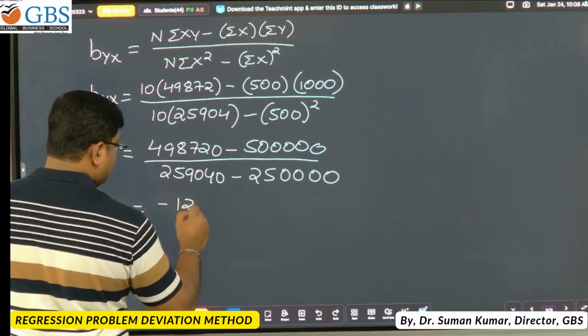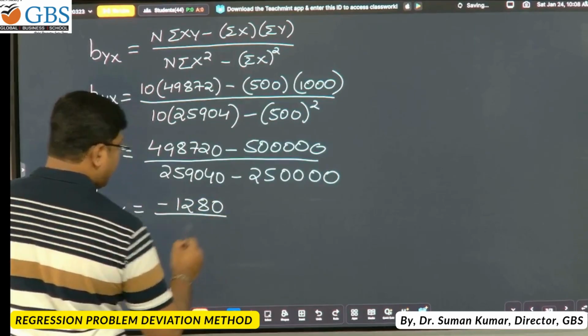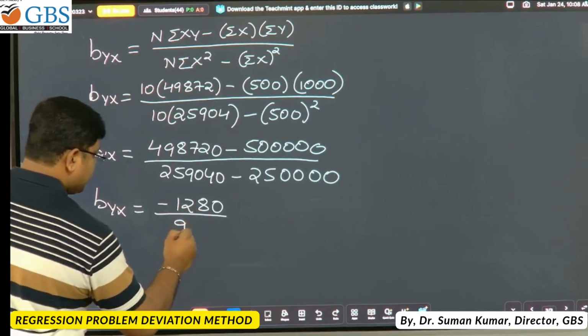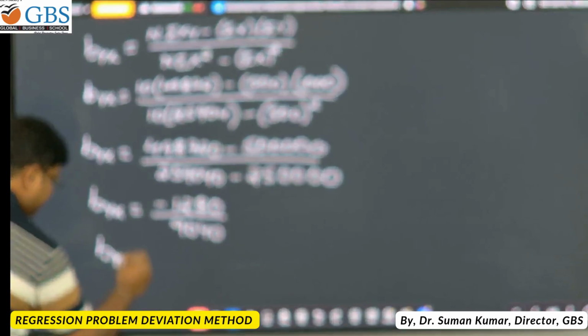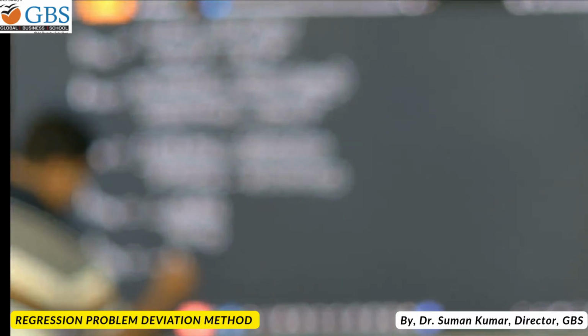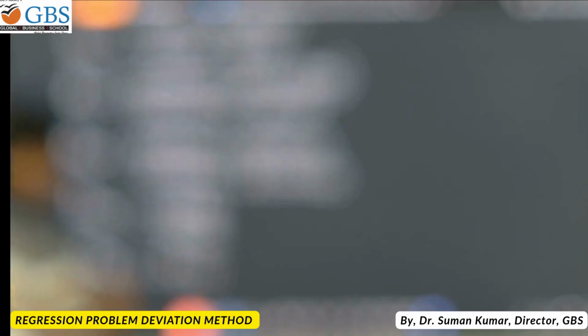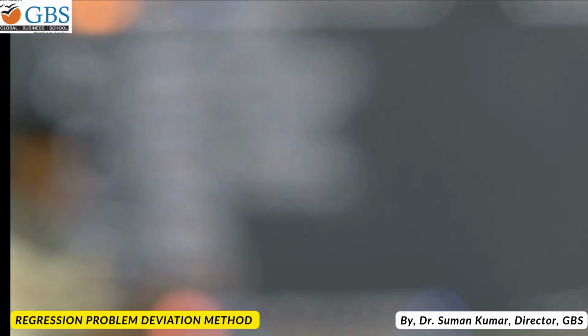Minus 1280 divided by 9040. When you divide, 0.141, this is byx.